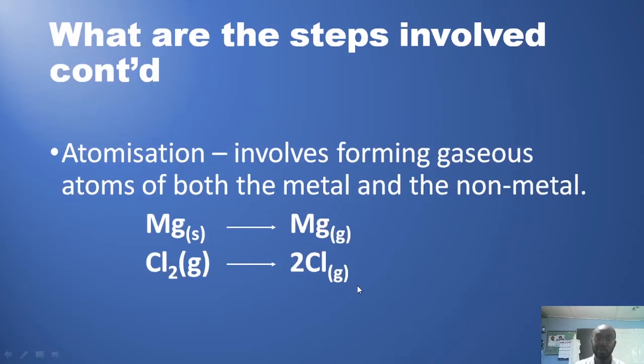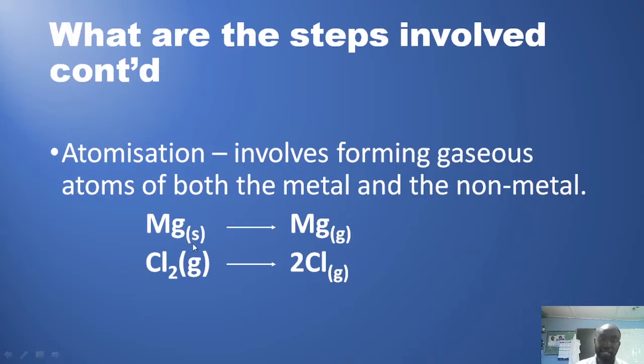The second step is atomization, and atomization involves forming gaseous atoms of both the metal and the non-metal. In the example of magnesium chloride, you need to change the magnesium from the solid state to the gaseous state, and that is called atomization.